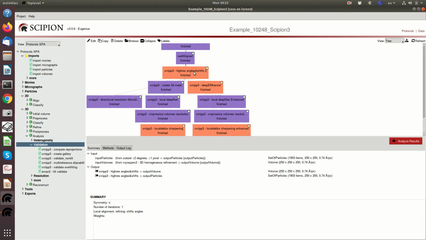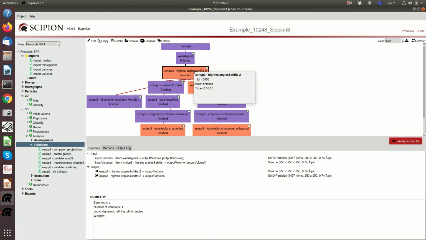But keeping them there, even if the FSC is better, doesn't mean that you have a better reconstruction, because you know that the FSC rewards systematic errors. If an image is systematically put in the wrong place, in terms of FSC it doesn't matter.